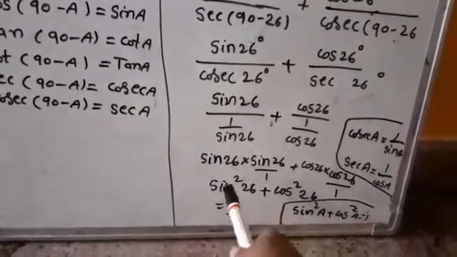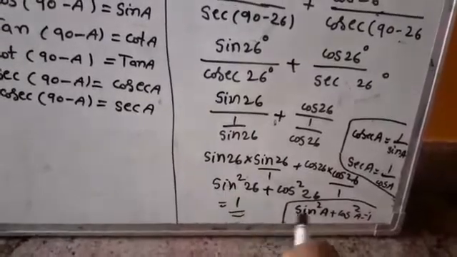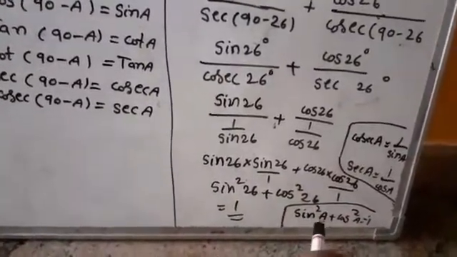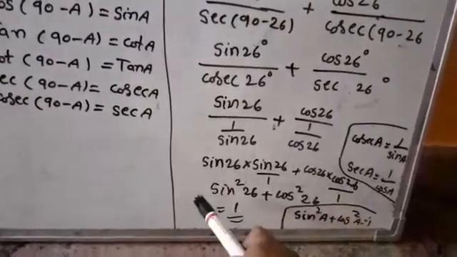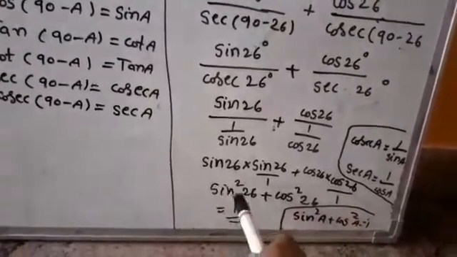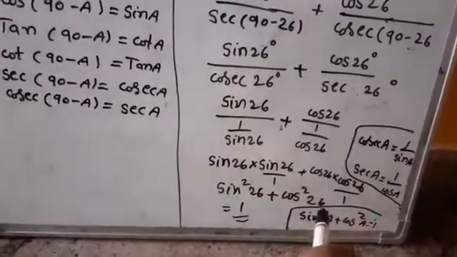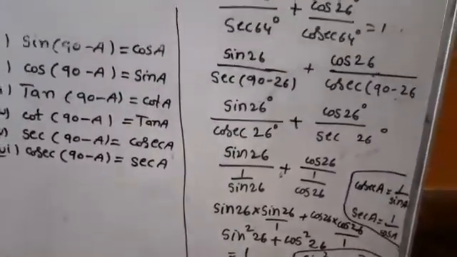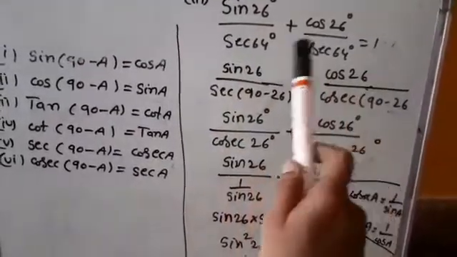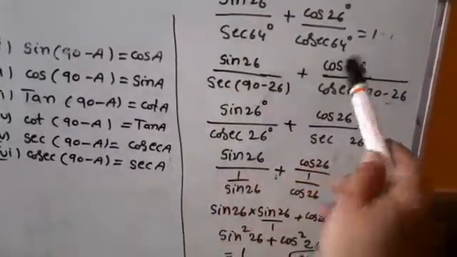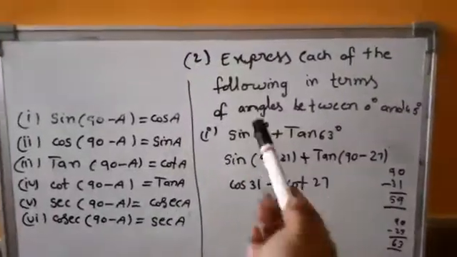Here we apply the trigonometric identity sin square A plus cos square A equals 1. So sin square 26 plus cos square 26 has value 1. So we proved that sin 26 divided by secant 64 plus cos 26 divided by cosecant 64 equals 1. That is the answer.